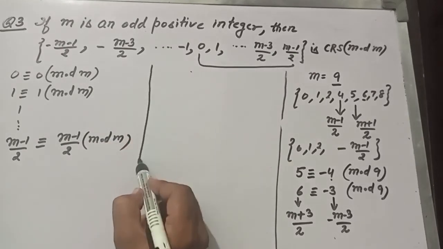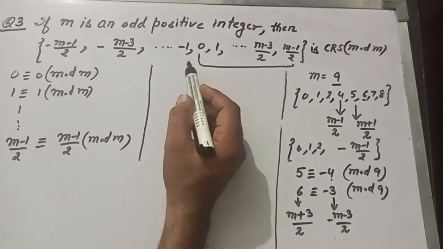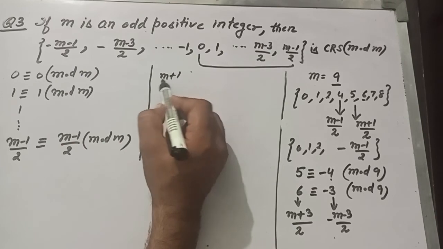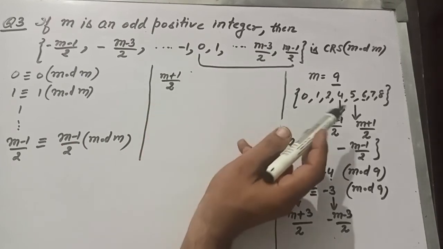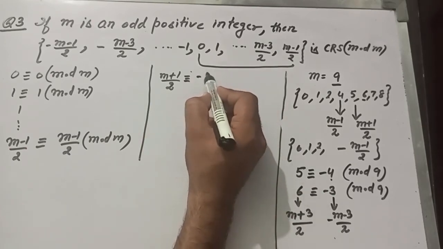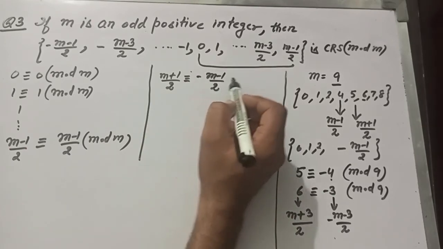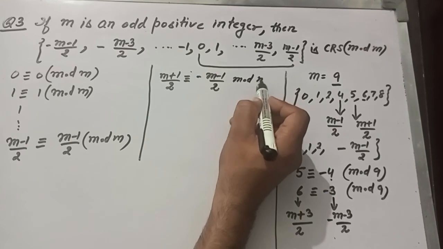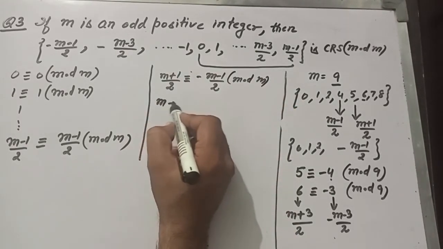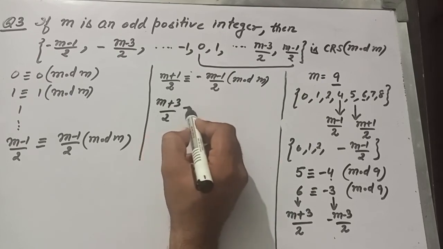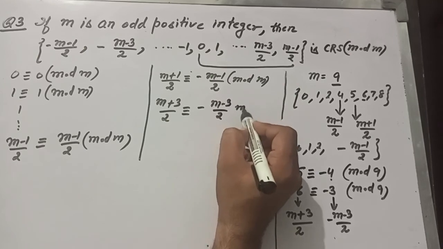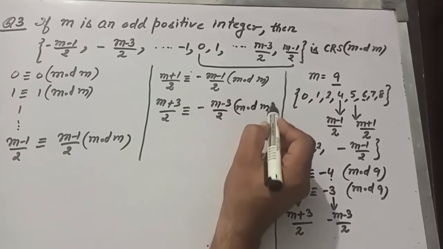Now for the second half, (m plus 1) by 2 is congruent to minus of (m minus 1) by 2 modulo m, just from this example. And similarly, next is (m plus 3) by 2 is congruent to minus of (m minus 3) by 2 modulo m.